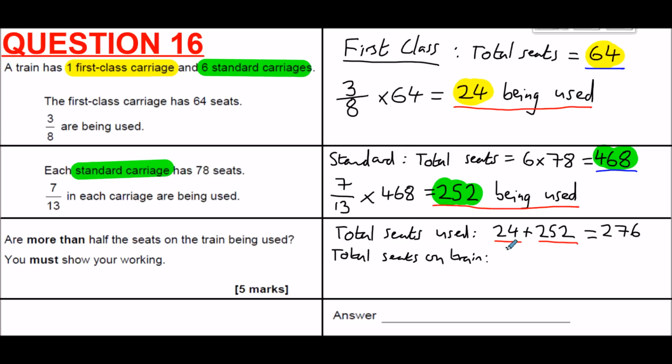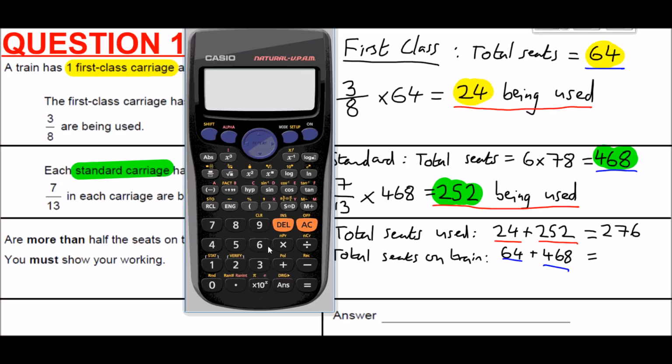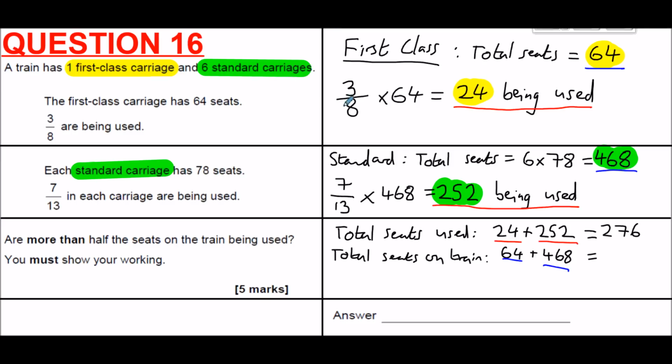So the total seats on the train is 64 first class seats plus 468 standard carriage seats. So if you add these together, 64 plus 468, we get 532. So there's 532 seats altogether, of which 276 are being used.